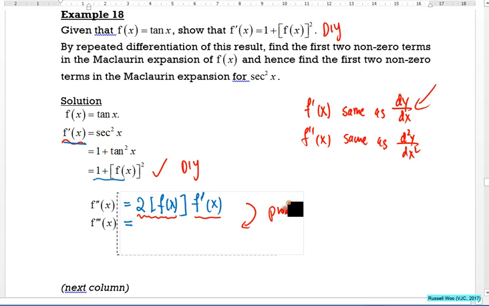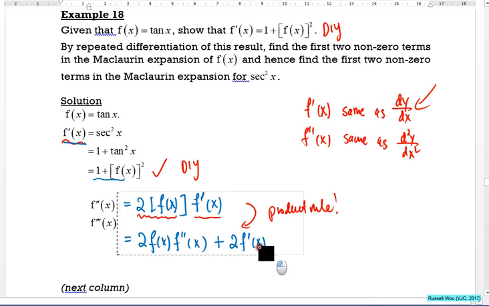You've got to use product rule. You keep 2f(x), you differentiate f'(x), you get f''(x), plus you differentiate 2f(x), get 2f'(x), and keep the f'(x).